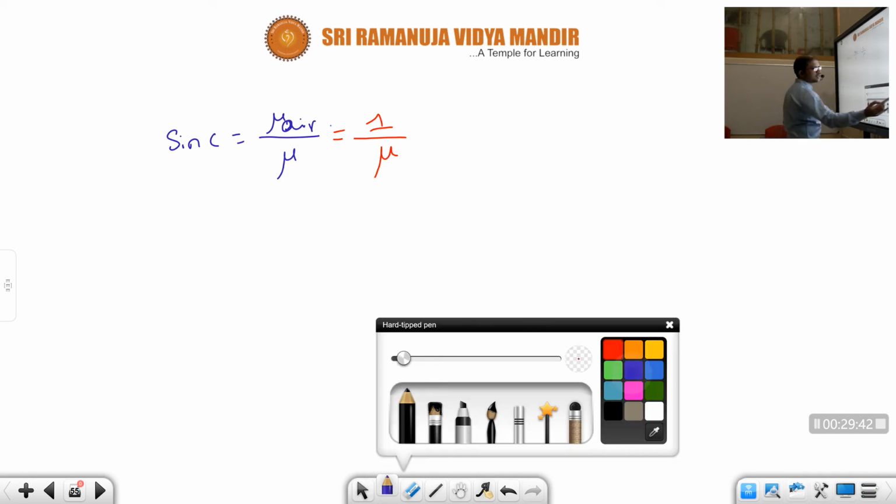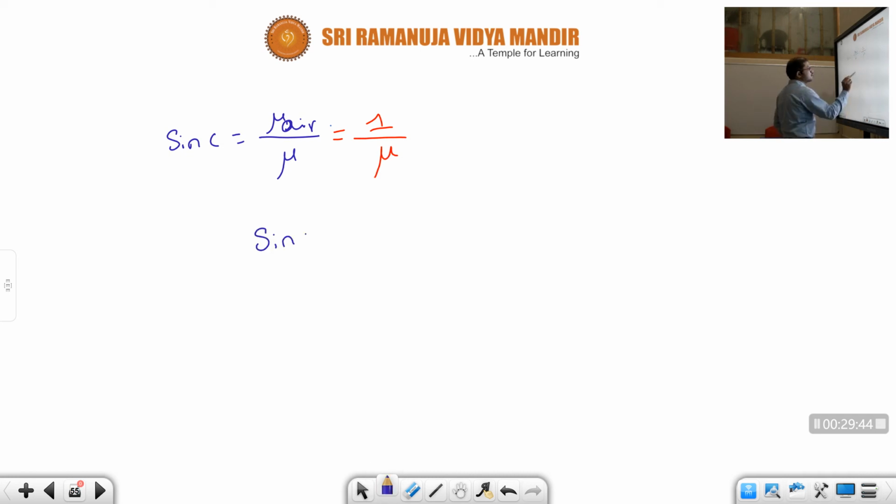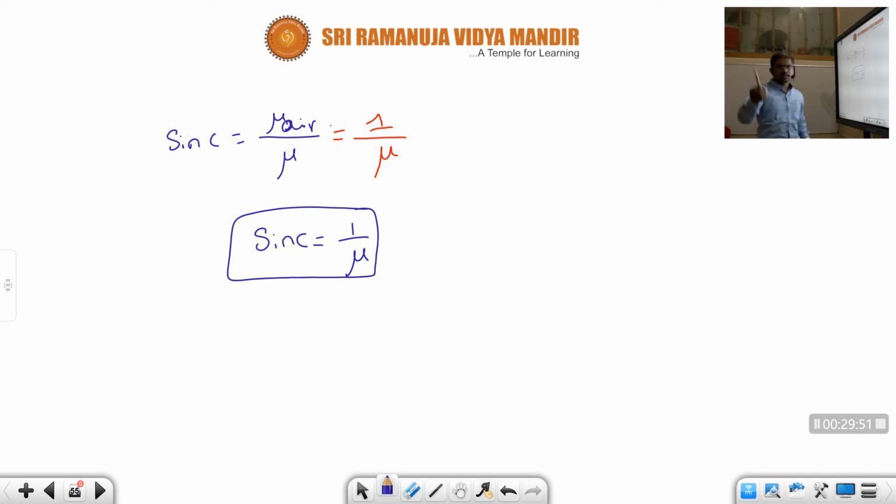So the critical angle sin C is equal to 1 by mu. If mu2 is air, you can use this formula to get the refractive index of the other medium.